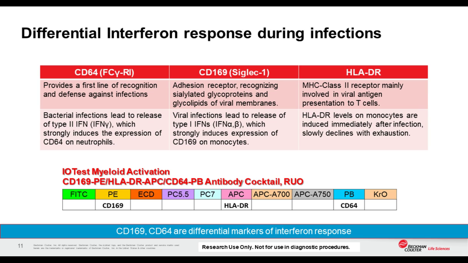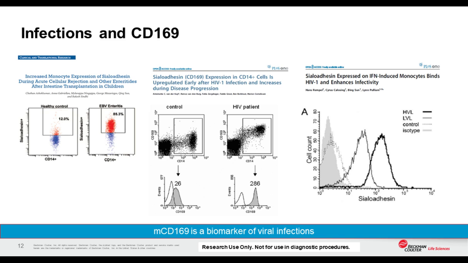The CD169 (Siglec-1) gene expression is induced by type 1 interferons on myeloid cells such as monocytes and dendritic cells. Recently, CD169 has been identified as an inducible viral attachment factor on myeloid dendritic cells.